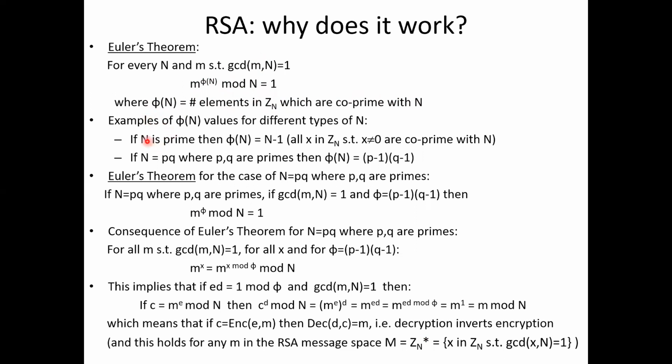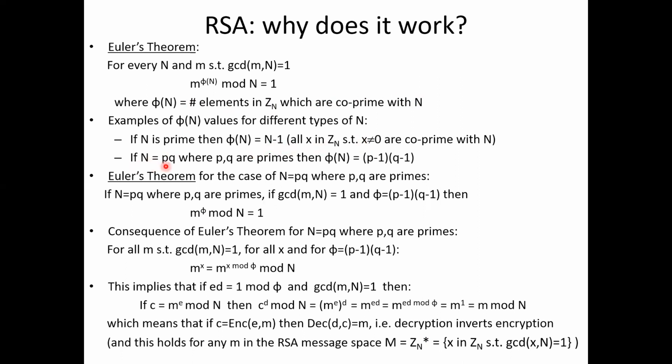If n is a prime, then this number is simply n minus 1. That's because all elements in Zn are coprime with n if n is prime, except for 0. That's why it's not n, but n minus 1.